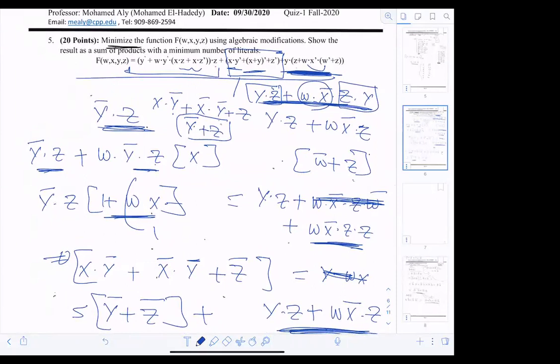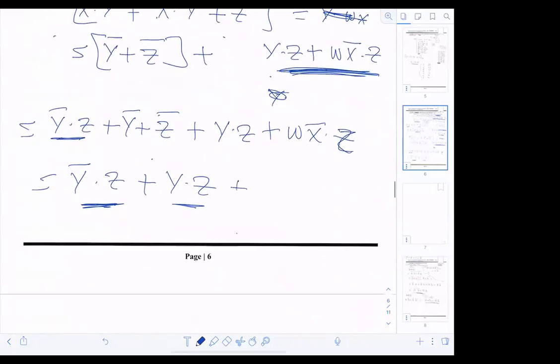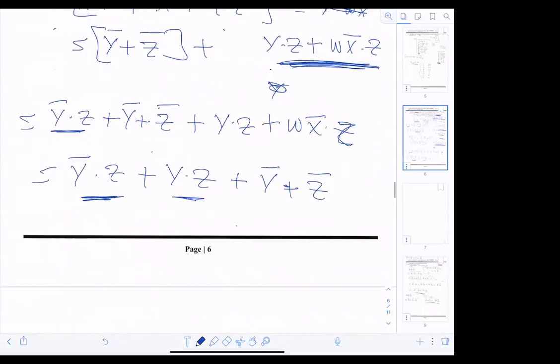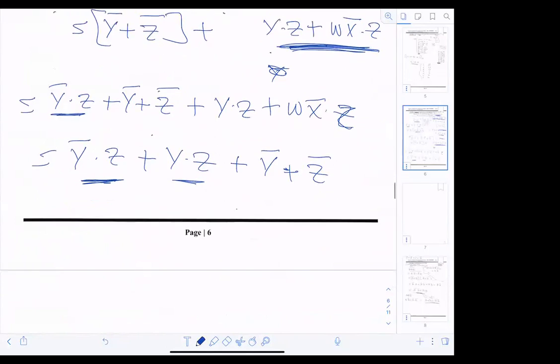Is it Z complement? Seriously? Yeah, the last Z. Oh, you're right. So it's going to be Y complement Z. So basically here it's going to be Y complement plus Z equals Z. Am I right? Yeah. So now this guy with this guy is going to give what?